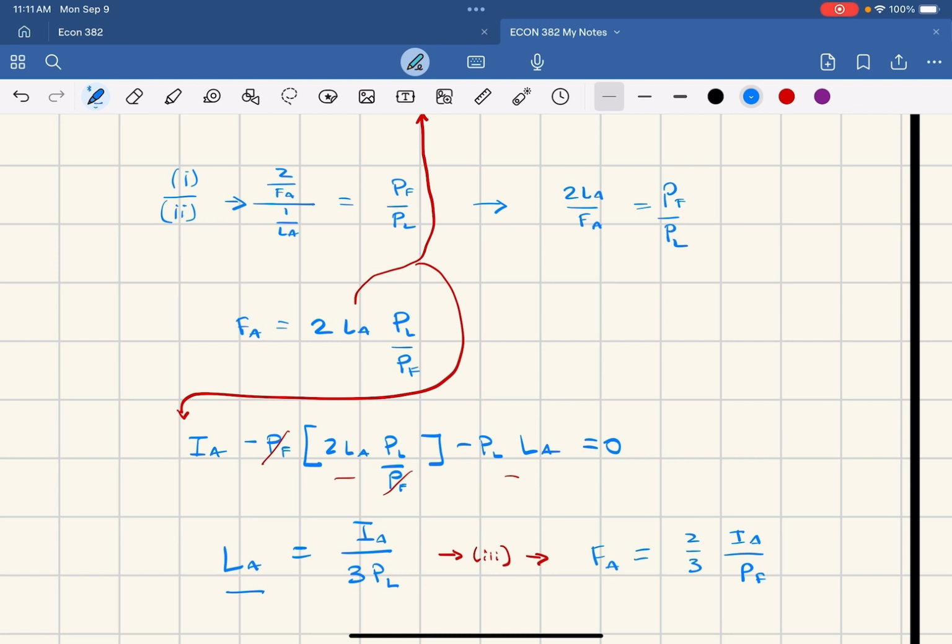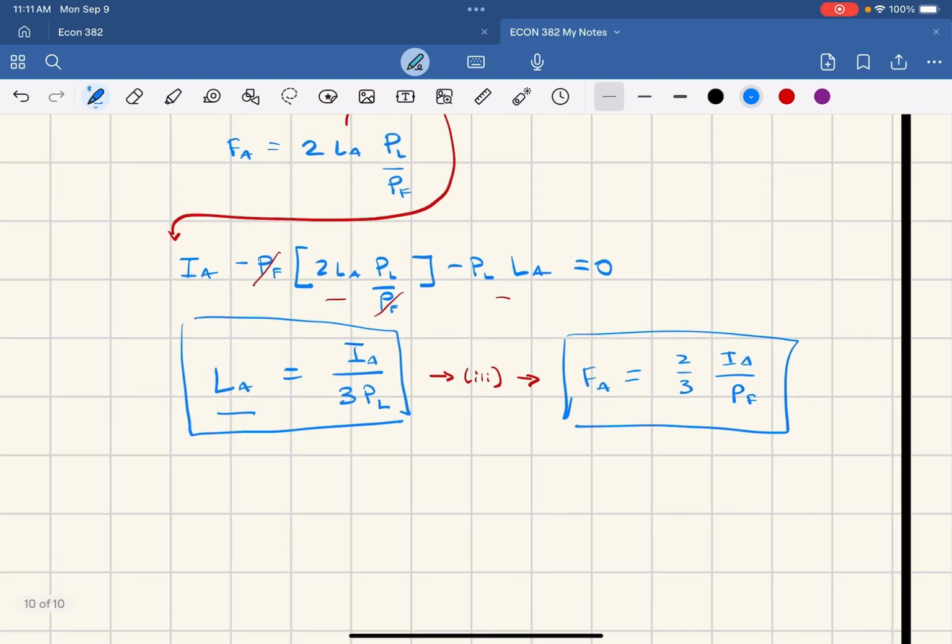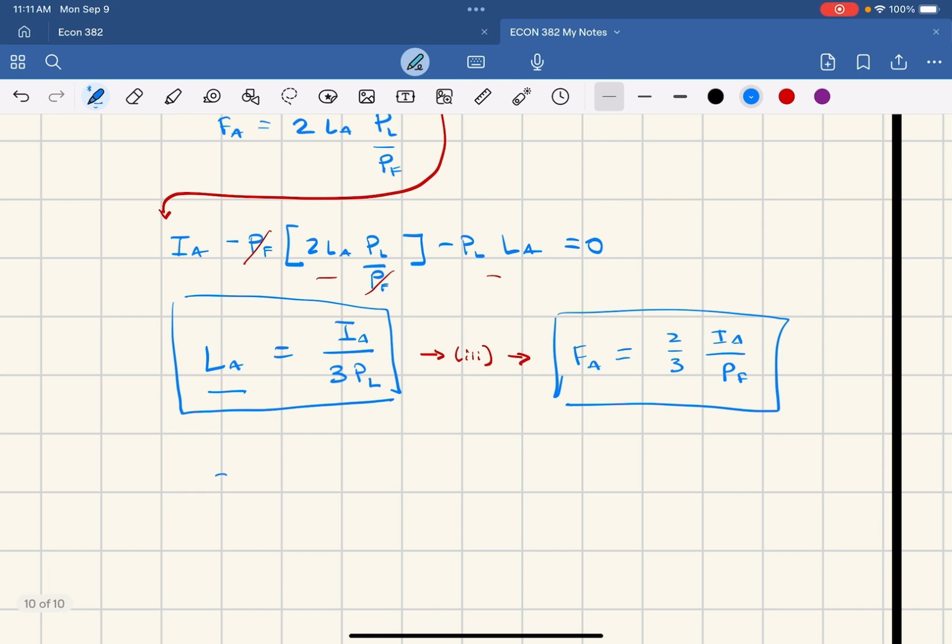And so these are our intermediate steps of solving the optimal quantity in terms of income and prices. But the next step is to solve for LA and FA in terms of only prices.